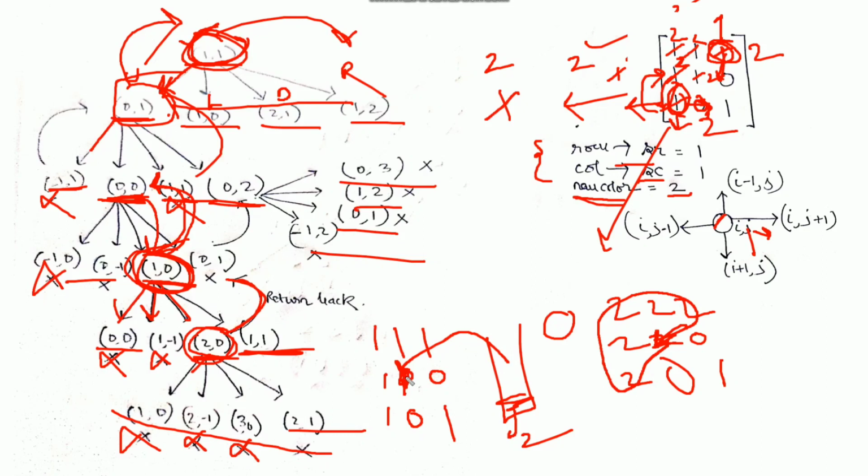So the group of ones which are connected, adjacent to this location, this and this, will get filled with the new color, color having pixel value 2, and we will get the modified image. So we need to return the modified image. This is the main thing in the flood fill algorithm.